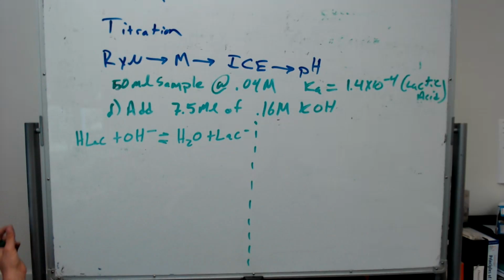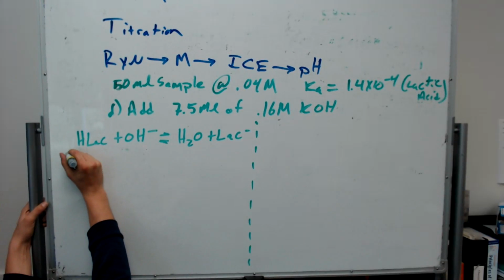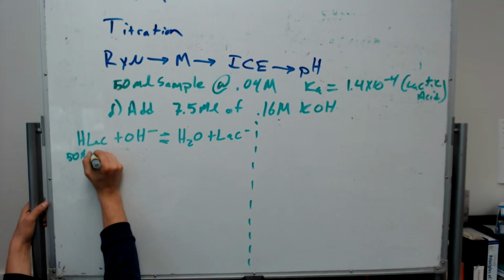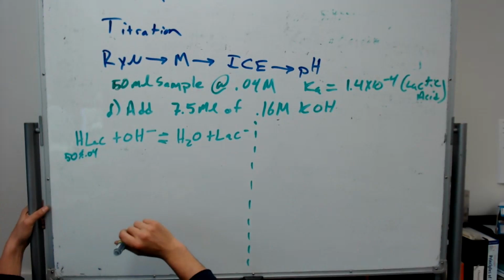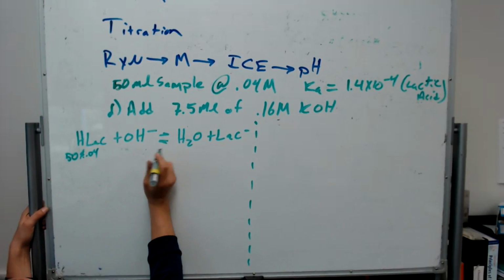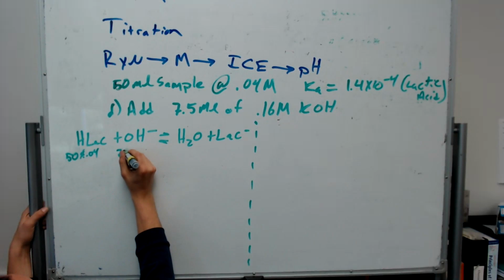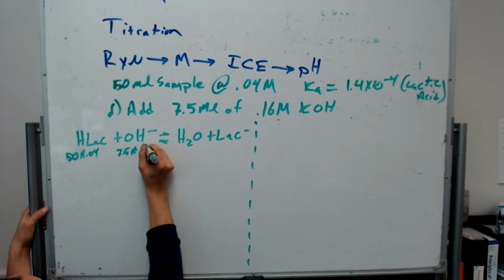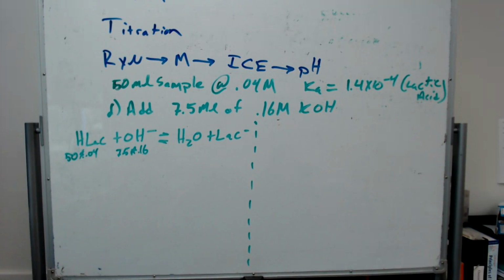Okay. So our lactic acid is going to be 50 times 0.04. Our hydroxide is going to be 7.5 times 0.16. I'm going to leave this in millimoles because I like millimoles.